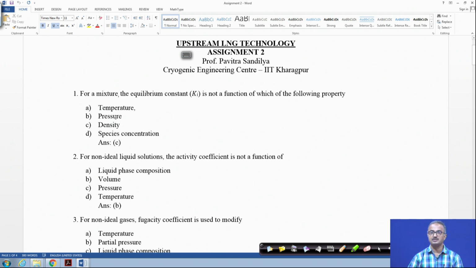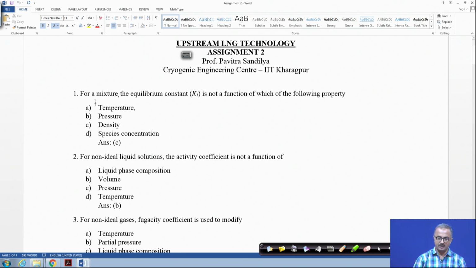Basically it is the volatility which matters, volatility or solubility, not the density. Density does not appear explicitly. It may be affecting the volatility or the solubility in an indirect fashion, but it never comes directly into the picture.